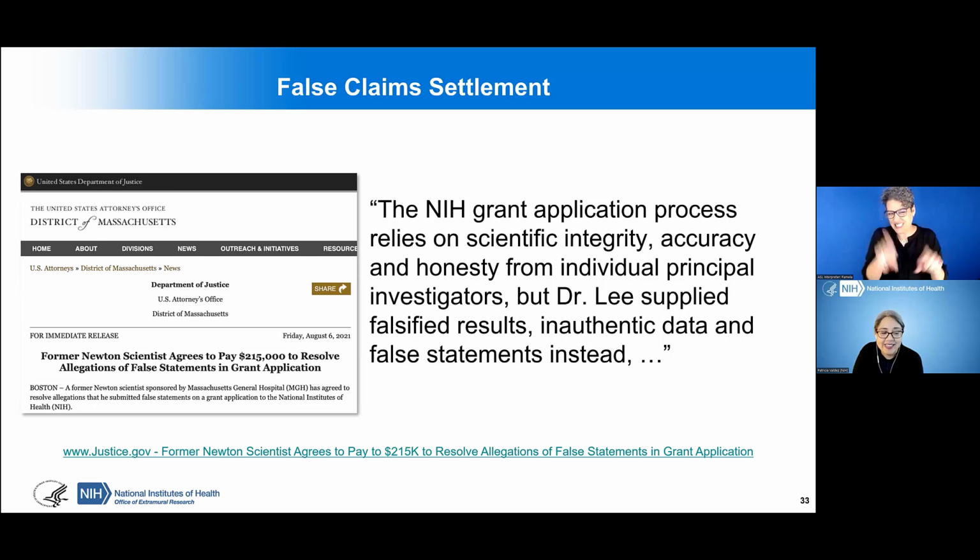This is a statement from this settlement, which was released by the Department of Justice. It says the NIH grant application process relies on scientific integrity, accuracy, and honesty from individual principal investigators, but Dr. Lee supplied falsified results, inauthentic data and false statements instead.